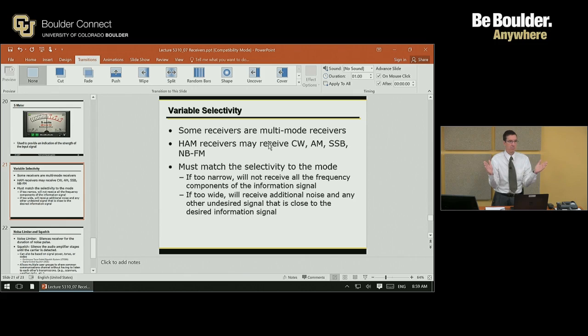If I were to try to receive an AM signal when I'm switched into the CW mode, it's only going to have a little slice of the AM signal, and most of the components of the AM signal I'm not going to hear, so I'm not going to be able to understand it. So the key is you want to match your selectivity to the mode that you're trying to receive.